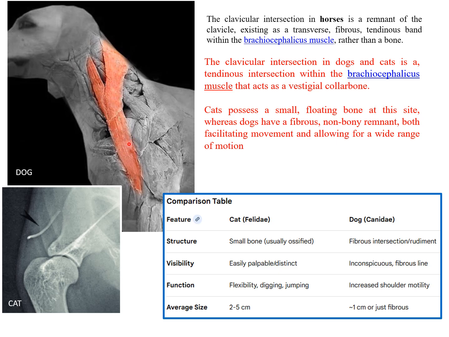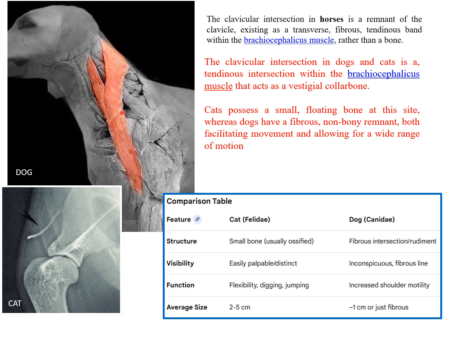This is the brachiocephalic muscle, made up of two or three parts, but primarily two parts: the brachialis and the cephalicus. The cephalicus divides into two, cleidomastoideus and cleidocervicalis, depending on the species. This is the dog, so this is the cervicalis and the mastoideus. Now this is the clavicular intersection, and this is where the clavicle is embedded.